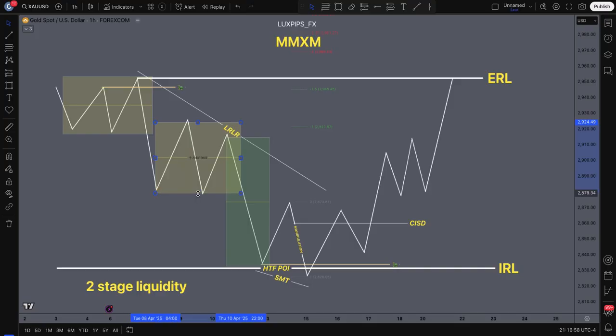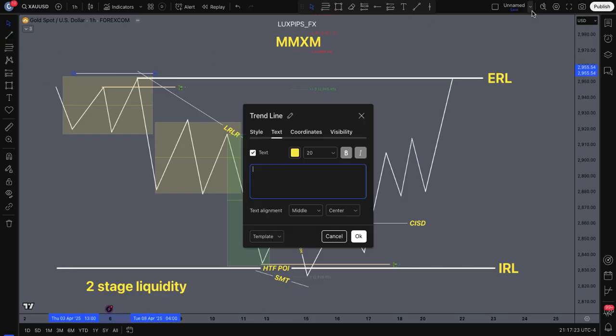So what does accumulation do? Accumulation basically accumulates liquidity. When it goes up, down, in a range, it's accumulation, and it's building up liquidity on both sides.